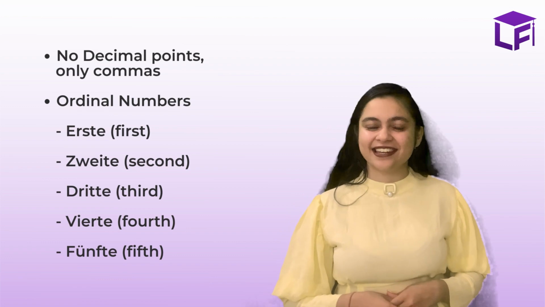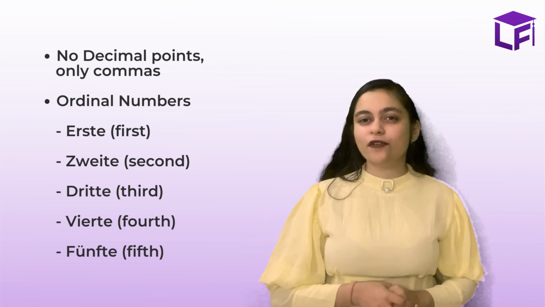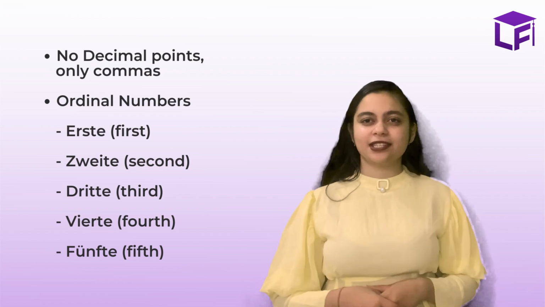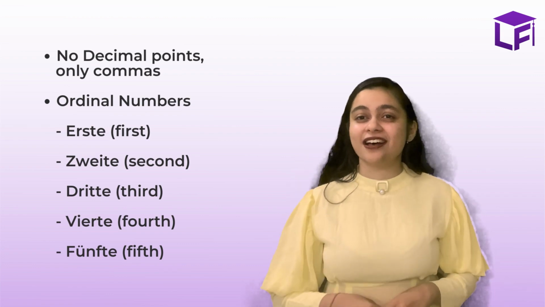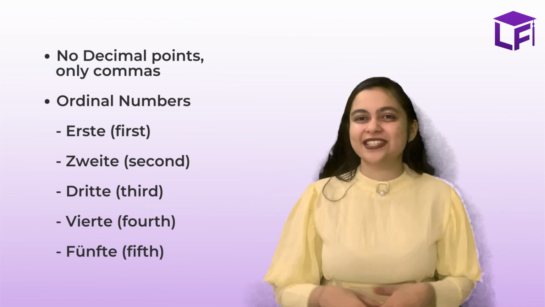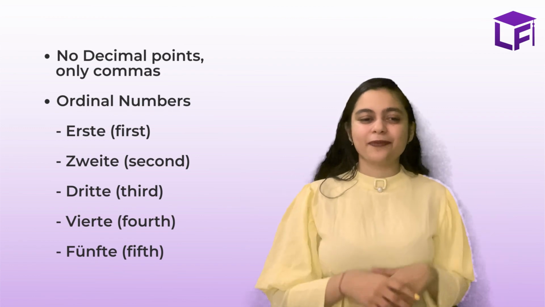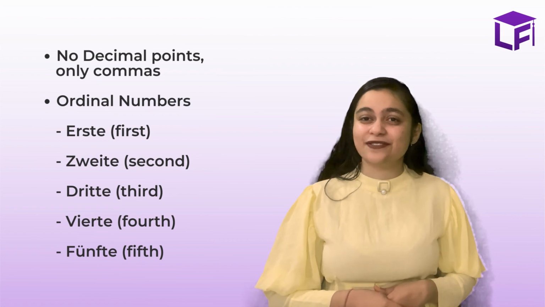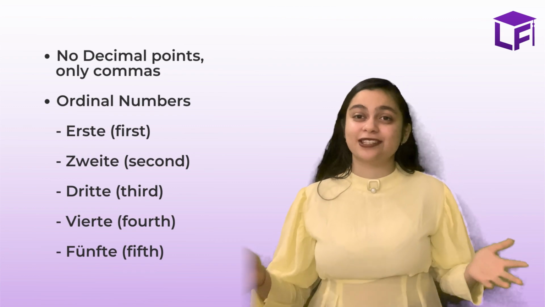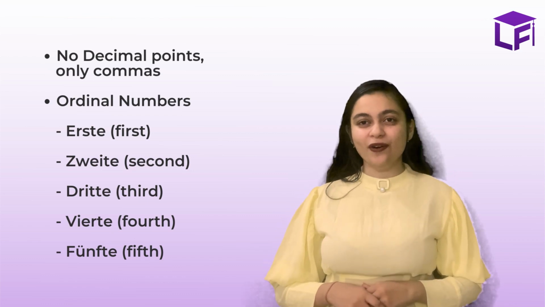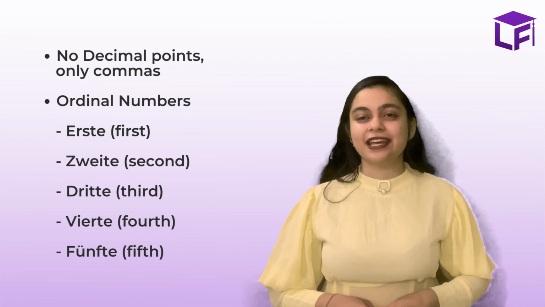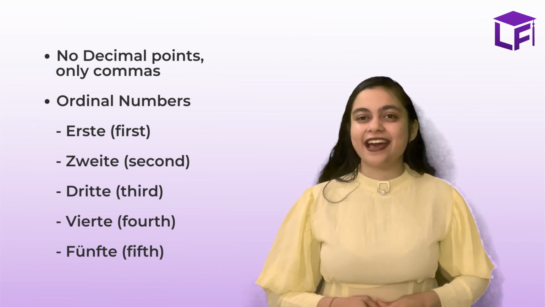Very good. Alright, moving on to the ordinal numbers now. How would you say I came first in the class, second in the class, third, fourth or fifth? How will you say that? Ordinal numbers help us identify how to say first, second, third, fourth, fifth, and so on. So, to say first in German is Erste.